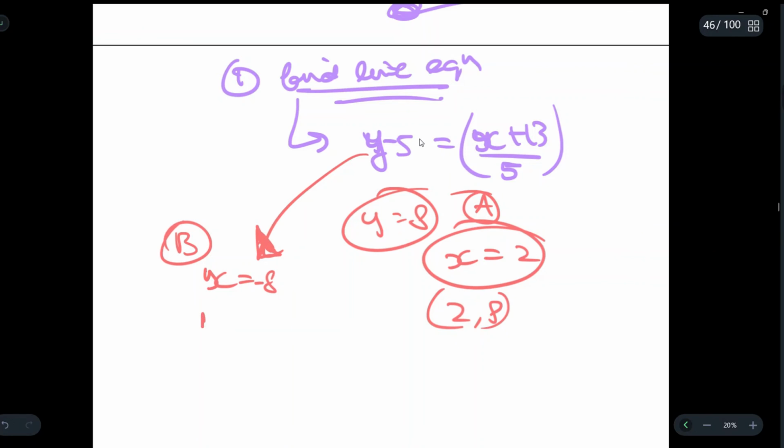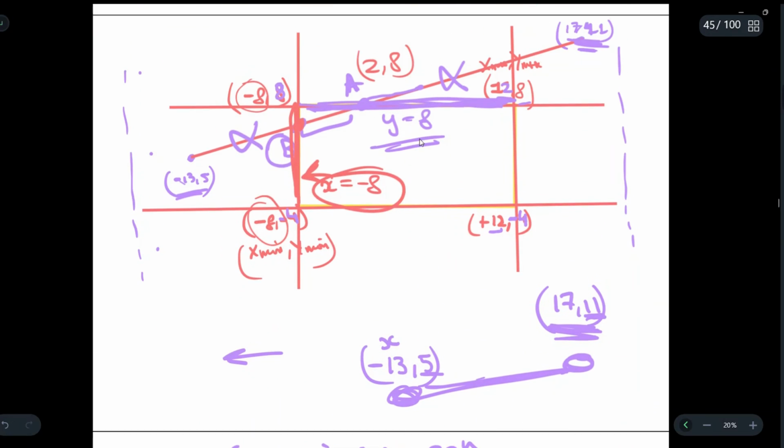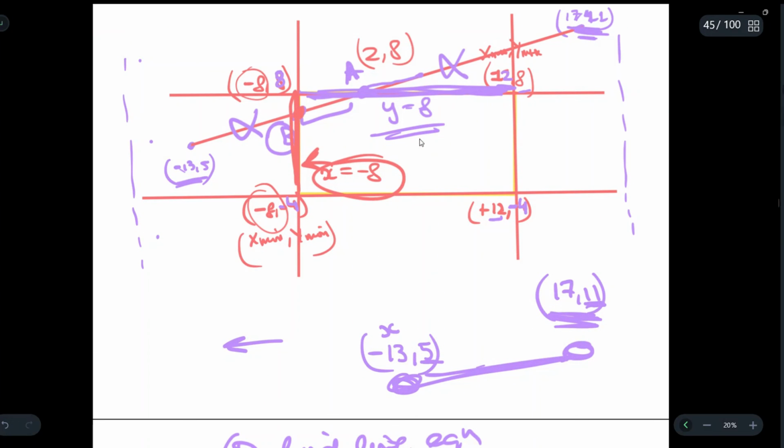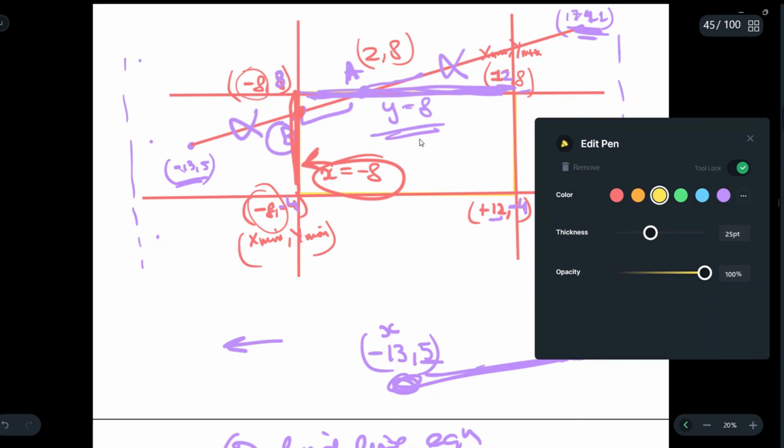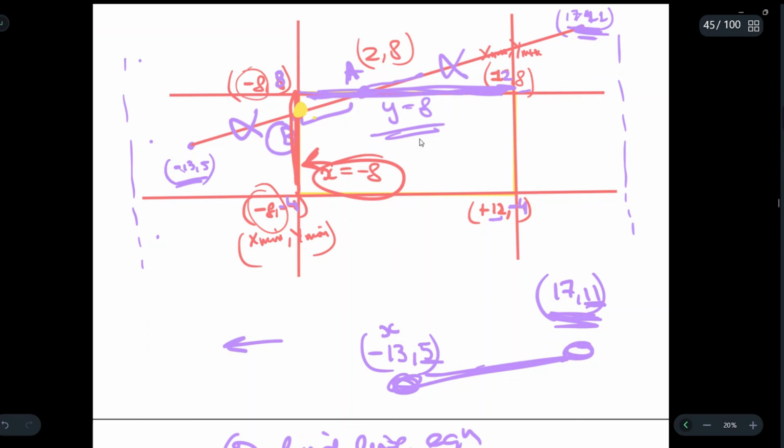On doing so, you will get the value of y as 6. So our new coordinates will be minus 8, 6 for point B, and this was A. Just a minute, let me change the color. This coordinate will be given as minus 8, 6.